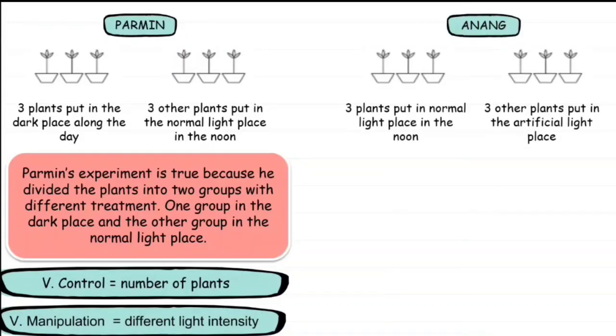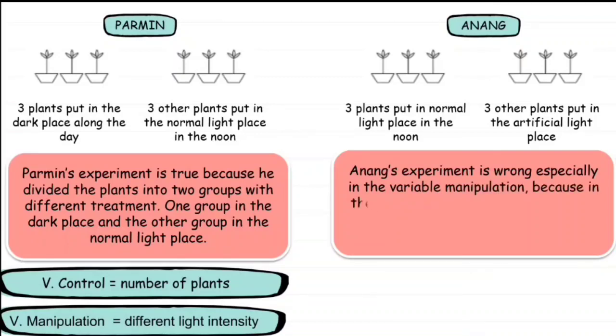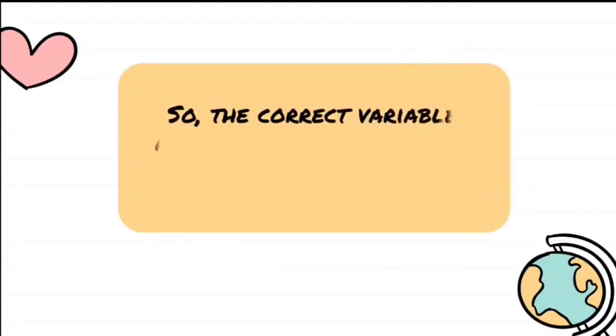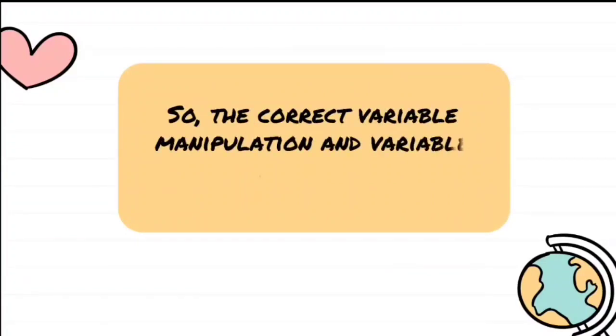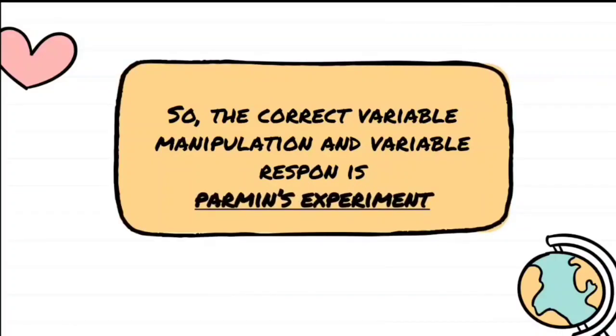And the last, Anang's experiment is wrong, especially in the manipulation variable, because both groups of plants are put in the same condition, but the control variable is true, they divide into two groups. So the correct manipulation variable and response variable is in Parmin's experiment.